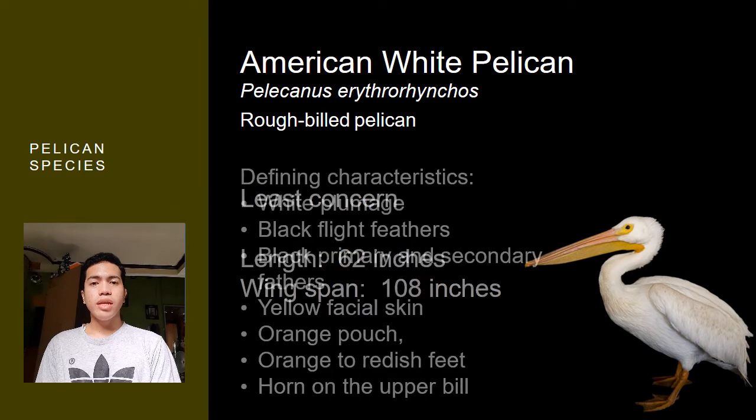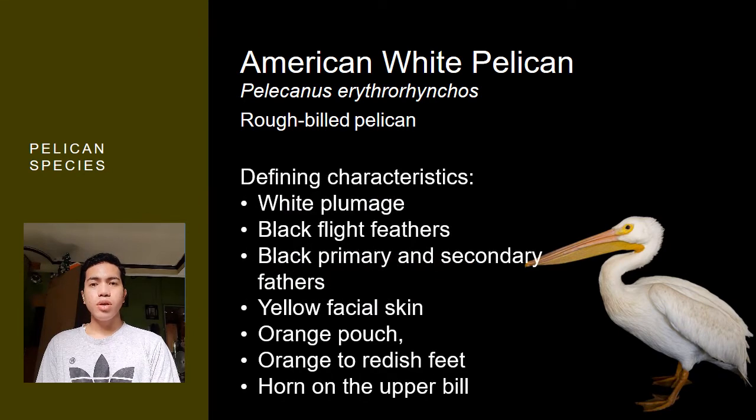They are identified by their white plumage with black flight feathers that are visible when their wings are extended. They have black primary and secondary flight feathers. Outside the breeding season, the bare parts such as the facial skin have a dull yellow color, and the bill and the pouch have an orangey flesh color. The feet can be notably red to orange in color as well.